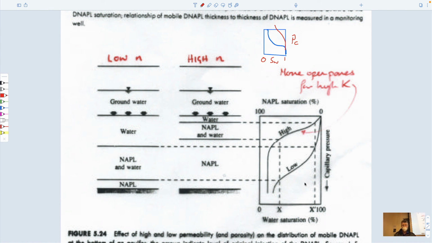In other words, I'm just flipping around this axis here. And so we have two curves. This curve would be a low entry pressure curve. This would be a high entry pressure curve. If it goes in very easily, then this would be open graded, with big pores, large diameter, and this would be tiny pores, small diameter.